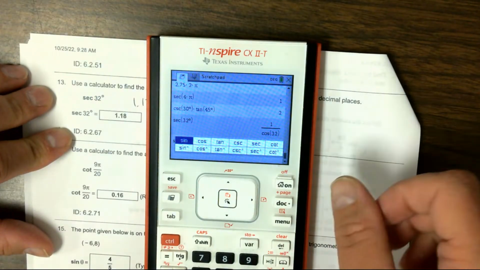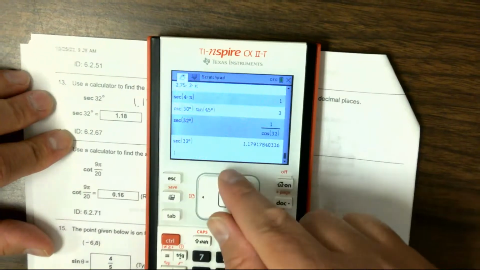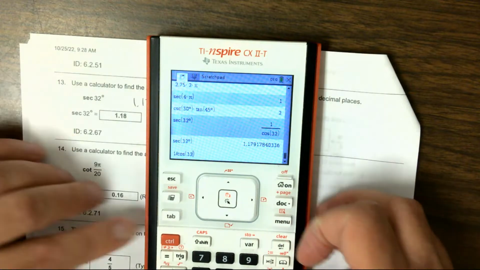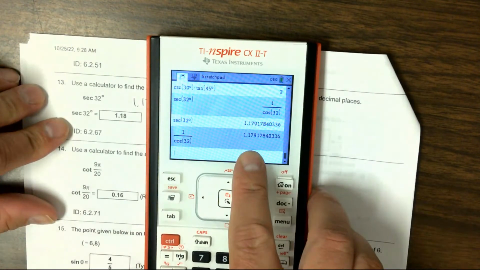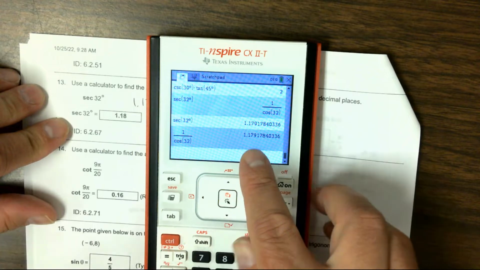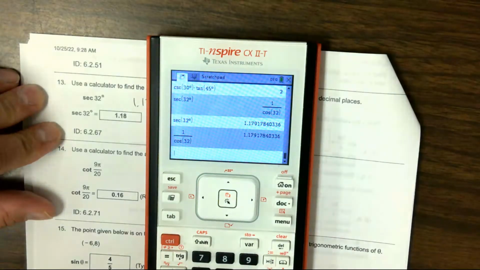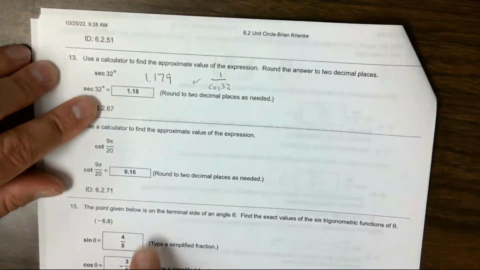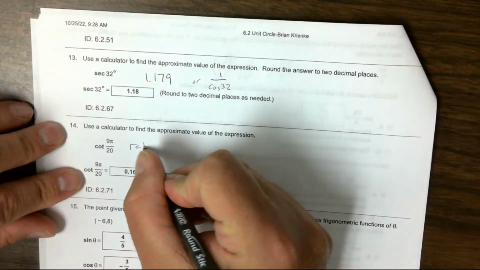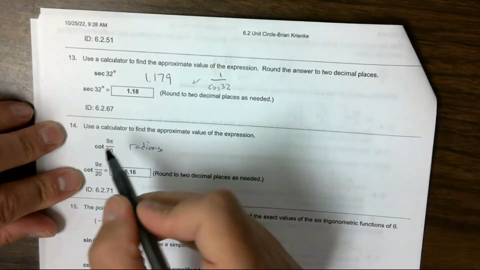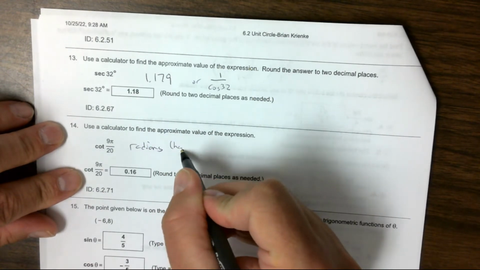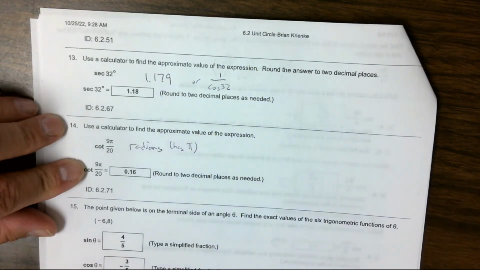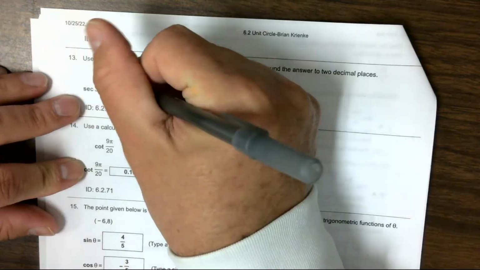So you'd have to literally type 1 over cosine 32, Control Enter, get the same thing. But again, it matters whether you're in degree or radian. We want degrees. Now for this one, same idea, but you have to be in radians. How I think of that is it has pi. That's the easiest way to remember it. And so this one has the degree symbol.